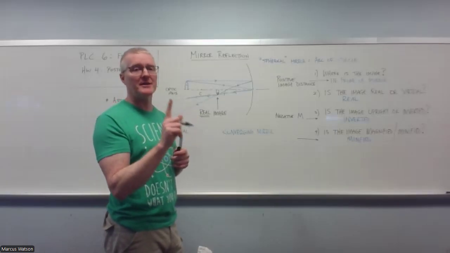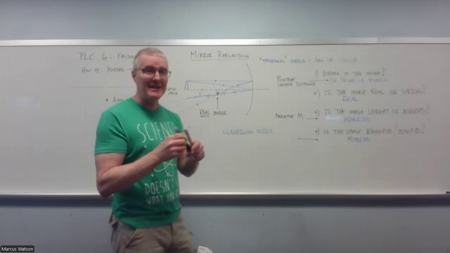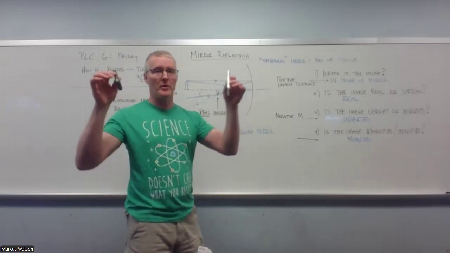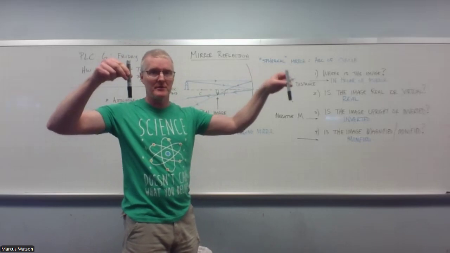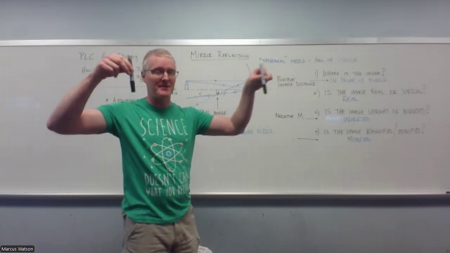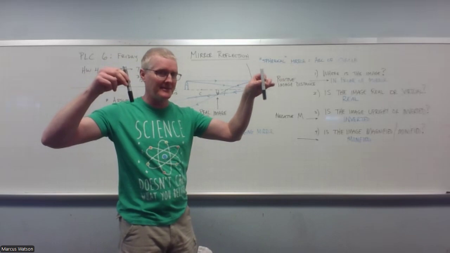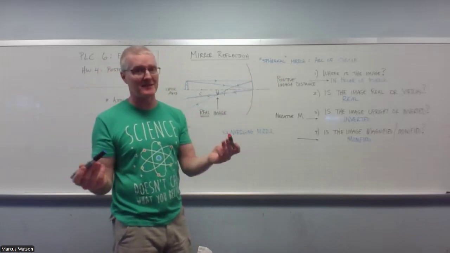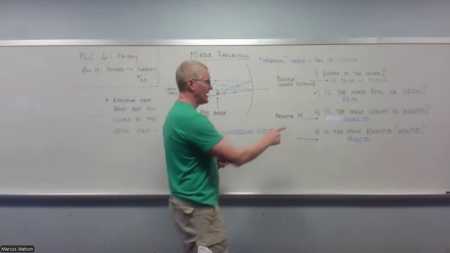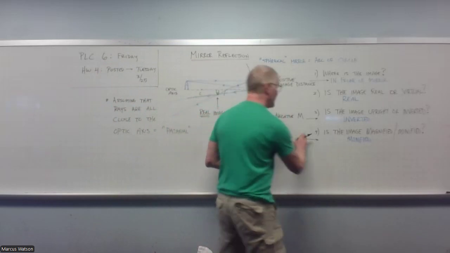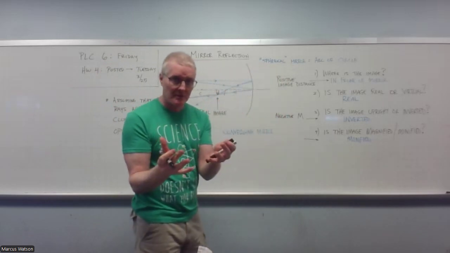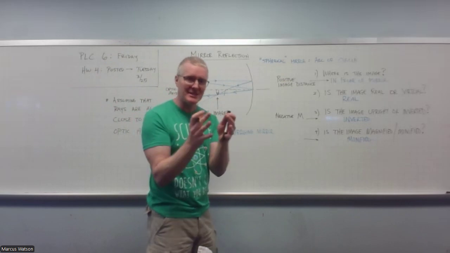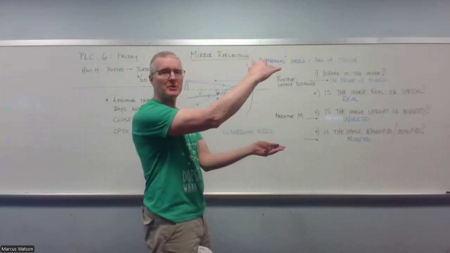If it's flipped over, it's called negative. If it's upright, it's called positive. And remember, even if they both are quote unquote upside down, right? If they're both upside down, the image is still upright and therefore would still have a positive magnification. If it's minified, then the magnitude of the magnification is less than 1. This goes right back to the plane mirror.